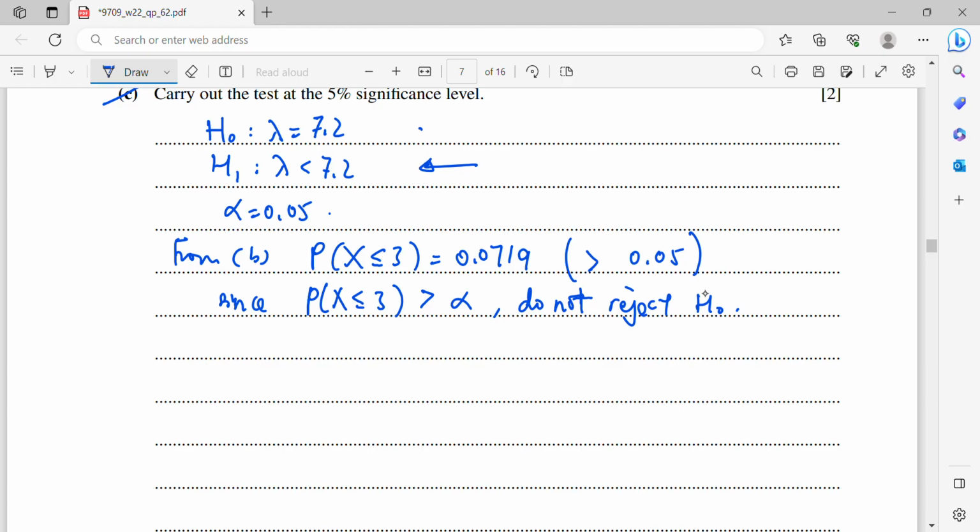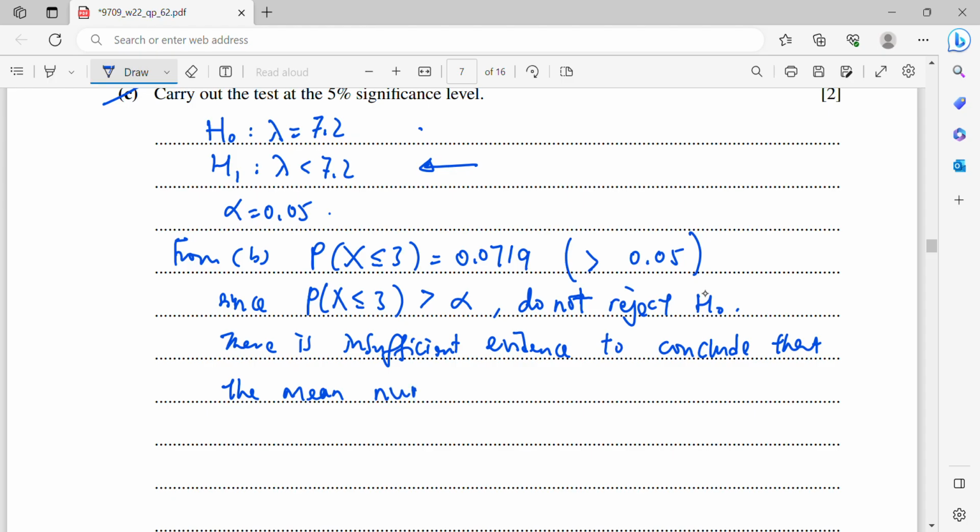So the conclusion is that there is insufficient evidence to conclude that the mean number of faults has decreased. Right? So that's the solution of this part.